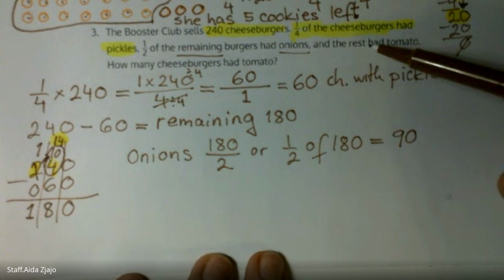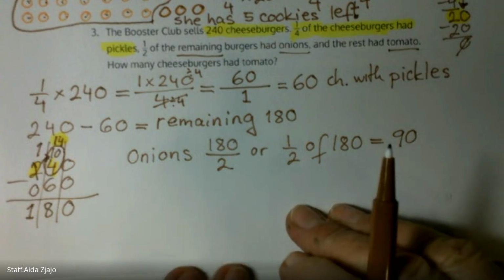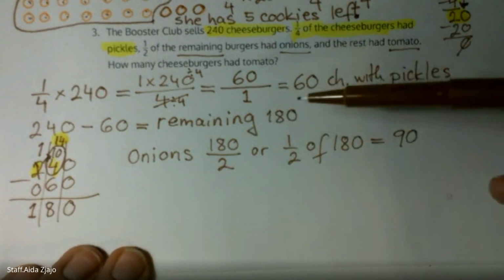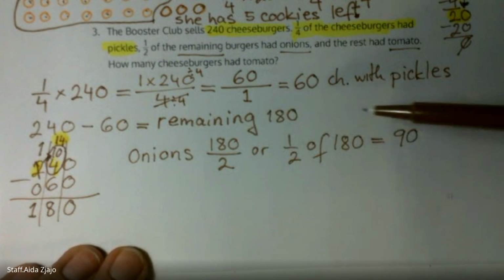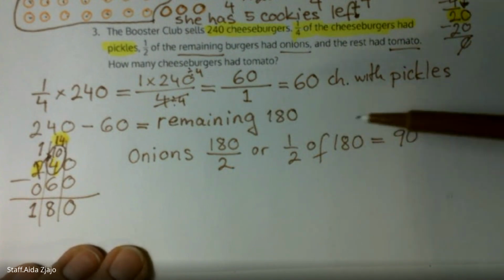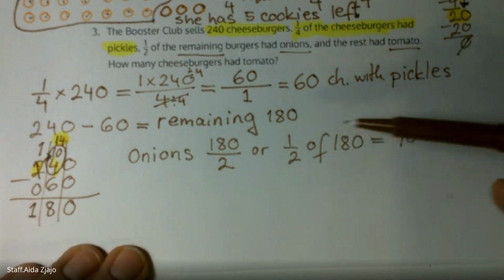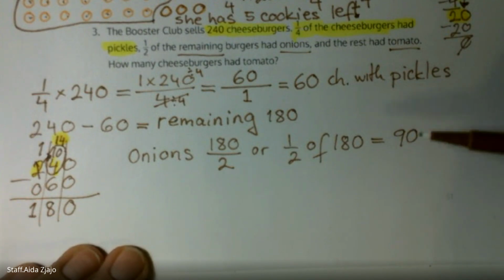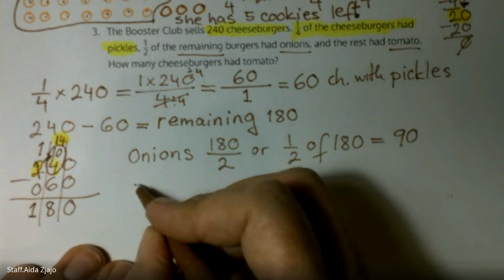And they said that the rest are tomato. Because it was 180 remaining and 90 are onions, the rest is the other half, so it has to be 90 with tomato as well.